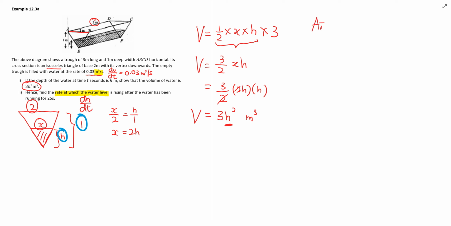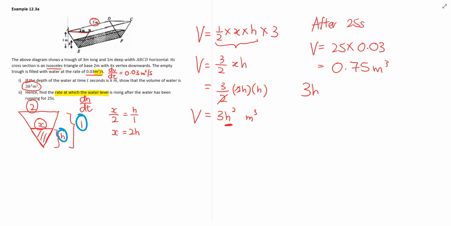We need the h, but we don't know what h is. So after 25 seconds, the volume of water is equal to 25 times the rate, 0.03, and that is equal to 0.75 meter cube. From the rate and the time I find the volume. This is also one skill you have to know.